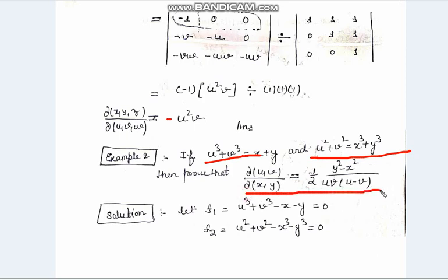So we have to prove this. First of all we will rewrite the given equations in this form: f1 is equal to u cube plus v cube minus x minus y is equal to 0, and similarly f2 is equal to u square plus v square minus x cube minus y cube is equal to 0, taking all the terms to the left hand side.